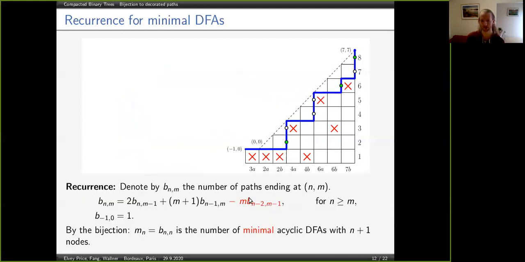So we can write this directly into the recurrence, with the n minus 2, n minus 1 coming from the fact that we go right, up. And then by the bijection, b_{n,n} is the number of paths ending at (n, n). So b_{n,n} is the number of minimal acyclic DFAs with n plus 1 nodes.